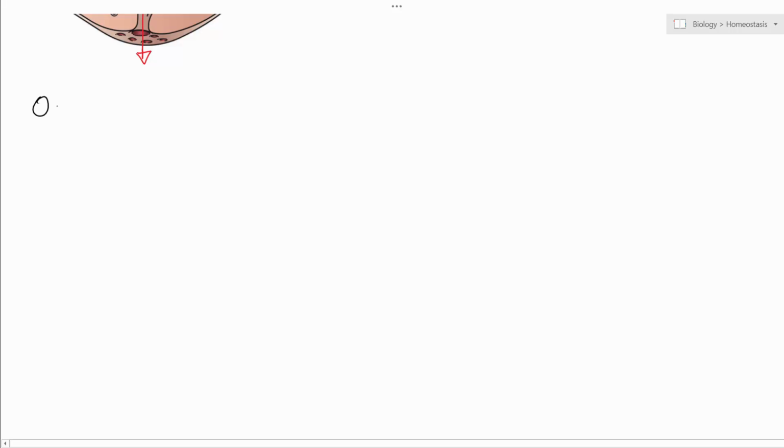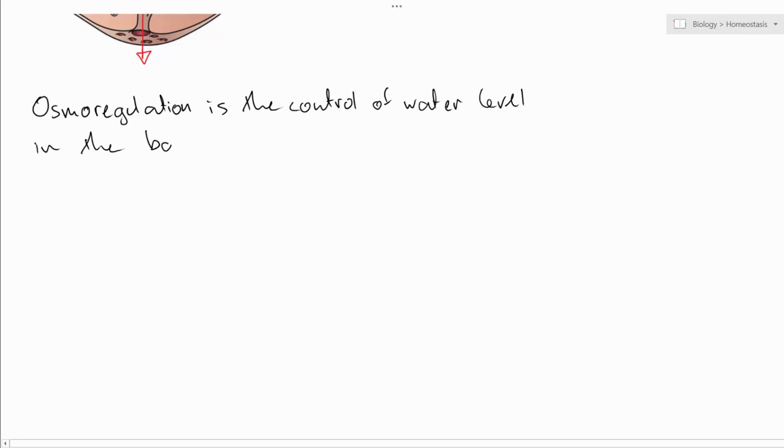It's to do with this process called osmoregulation. So we can say that osmoregulation is the control of water level in the body. We're going to look at one key way that the body controls the amount of water which it obtains or releases from itself.